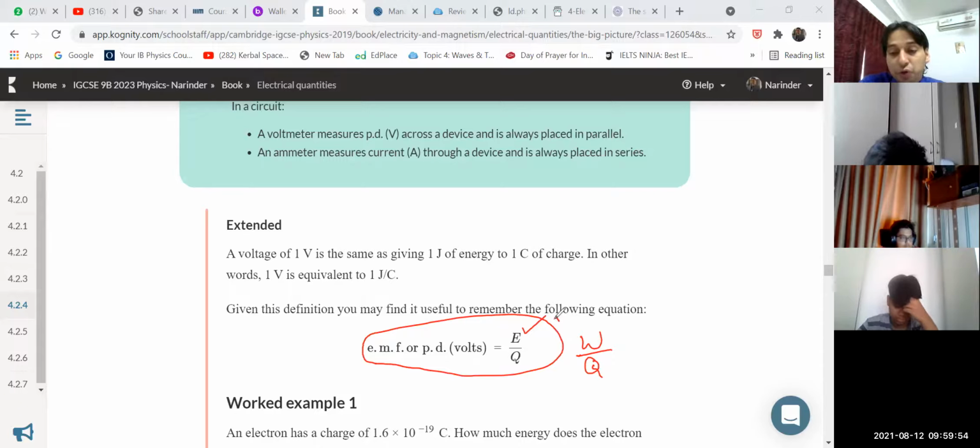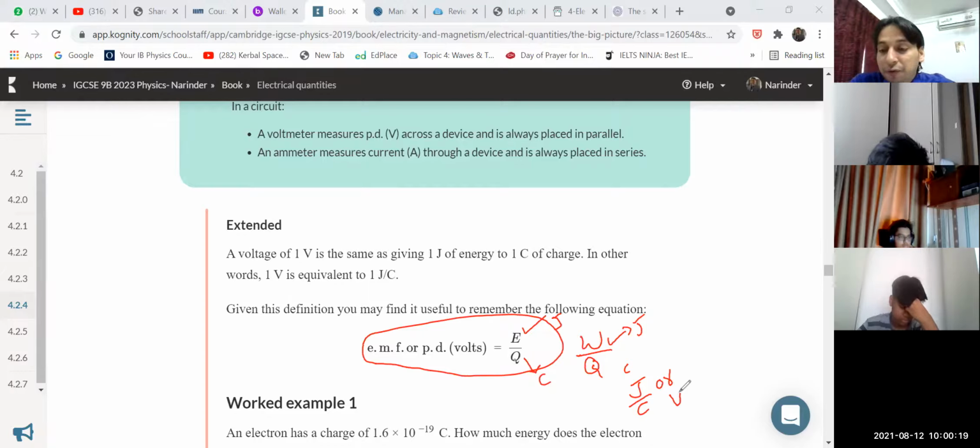Energy has a unit, joule. Energy is measured in joule. Work done is also measured in joule. The unit of charge is coulomb. So finally, joule per coulomb is collectively called volt. So if you write joule per coulomb, that is also the correct unit for measuring voltage.